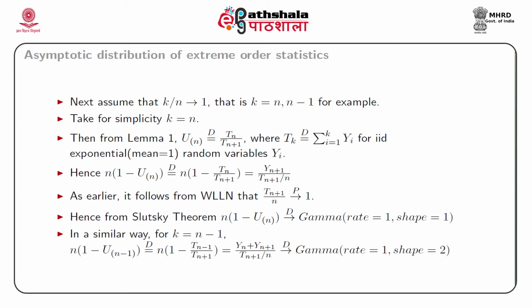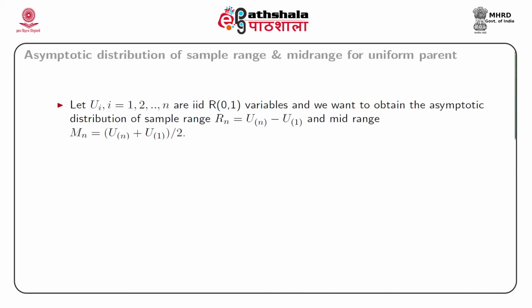So finally, we find the large sample distribution of the sample range and mid-range for the uniform pattern. Let Ui be IID rectangular (0, 1) variables, and we want to obtain the asymptotic distribution of the sample range U(n) - U(1) and mid-range (U(n) + U(1))/2.